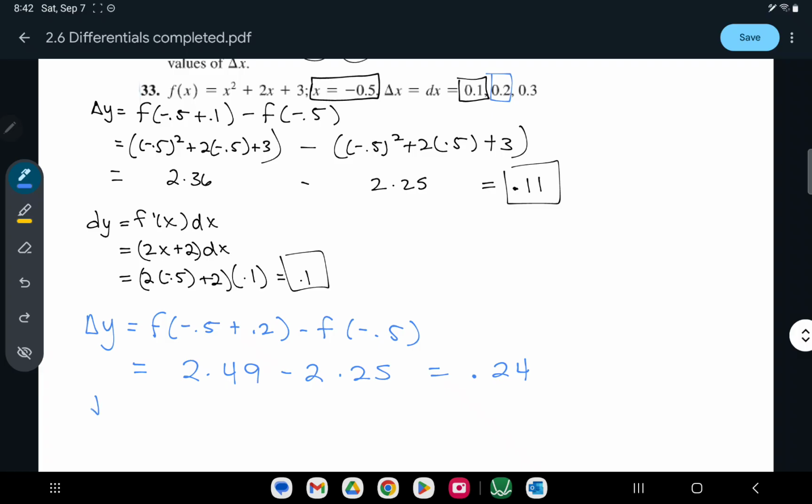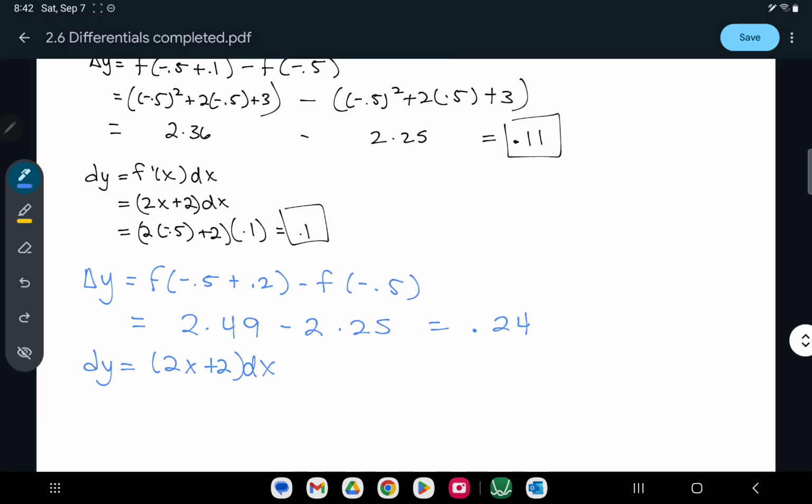Let's find my approximate. So I already have it from my first step, so 2x plus 2 times dx. Well, dx is now 0.2. My x is still the same, negative 0.5. So when I plug this one in, I get 0.2. And look at that.